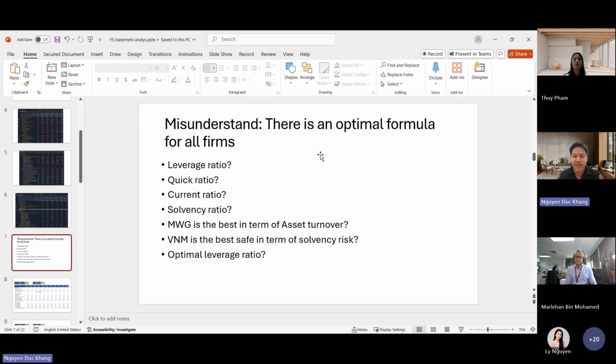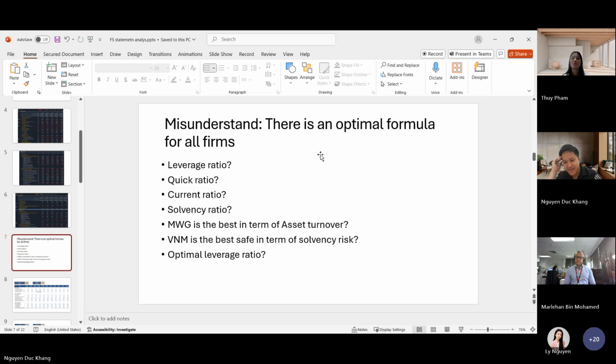How much money should a company borrow to increase the return on equity? Or how much money should the company retain to stay solvent? So that is the key question. How much? How many?